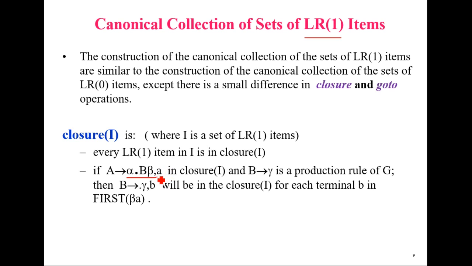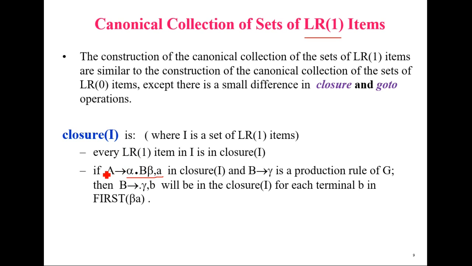So now I am going to explain how to compute closure operation and go to operation. In closure operation, the I is the input, where I is the set of LR1 items. Here we have two rules to compute the closure function. According to first rule, the LR1 items in the I are placed in the output.